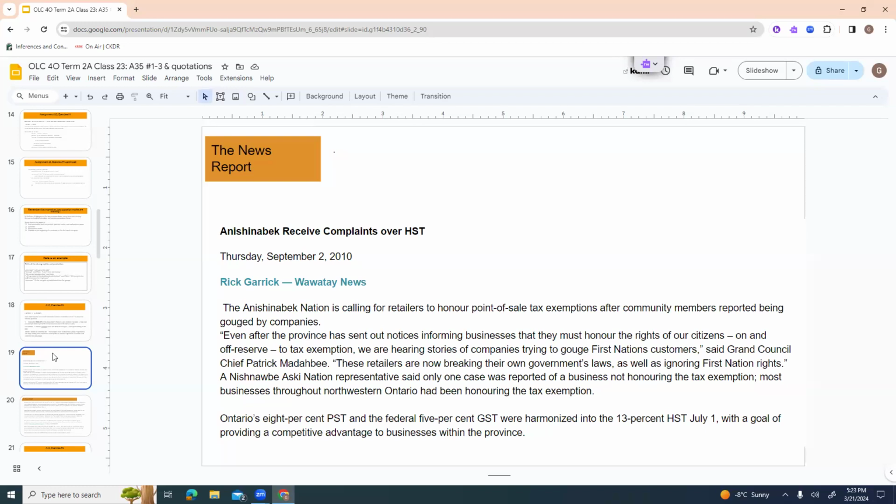Anishinaabe Nation representatives said only one case was reported of a business not honoring the tax exemption. Most businesses throughout northwestern Ontario had been honoring the tax exemption. Ontario's 8% PST and the federal 5% GST were harmonized into the 13% HST July 1st, with a goal of providing a competitive advantage to businesses within the province.